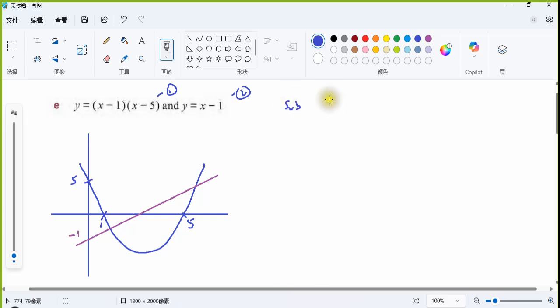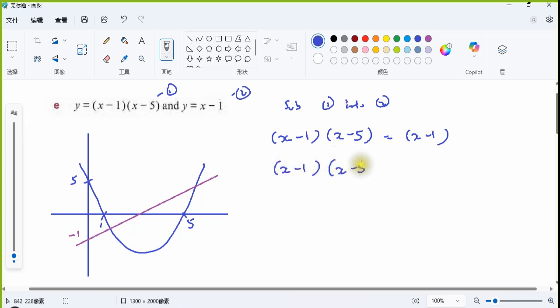So substitute 1 into 2, then we have x minus 1 times x minus 5 equal to x minus 1. So we have x minus 1 times x minus 5 minus x minus 1 equal to 0. And then we factorize the x minus 1.